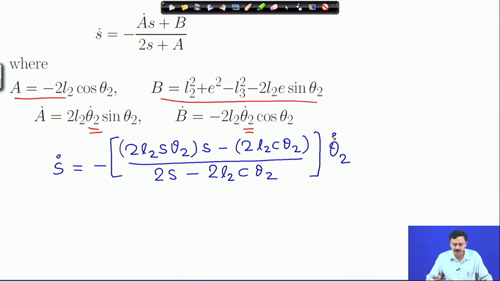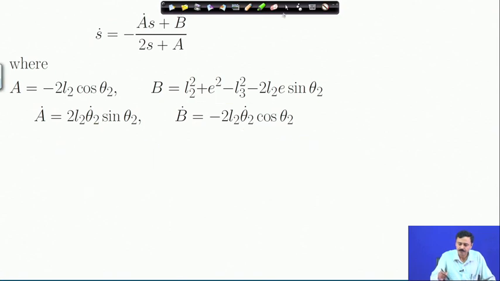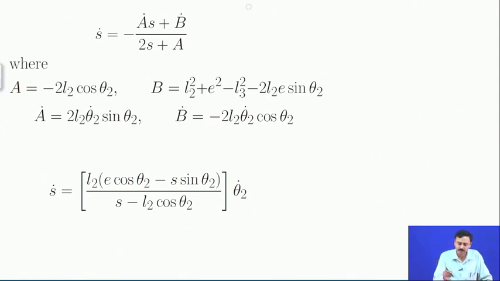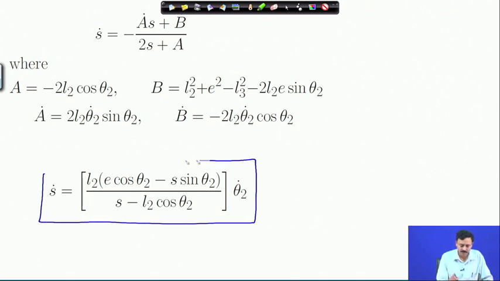You can simplify this expression further. So, we have related s dot and theta 2 dot in terms of s and theta 2. This is our final relation. You can of course simplify this, which we are going to do now. Let me write this out formally. After simplification you will obtain this relation between s dot and theta 2 dot. Again you see that the velocity relations are linear.